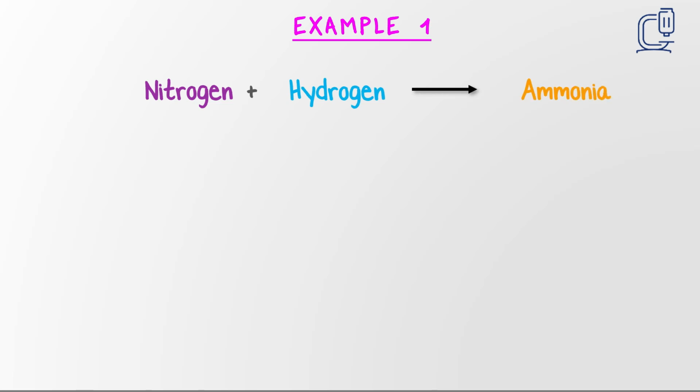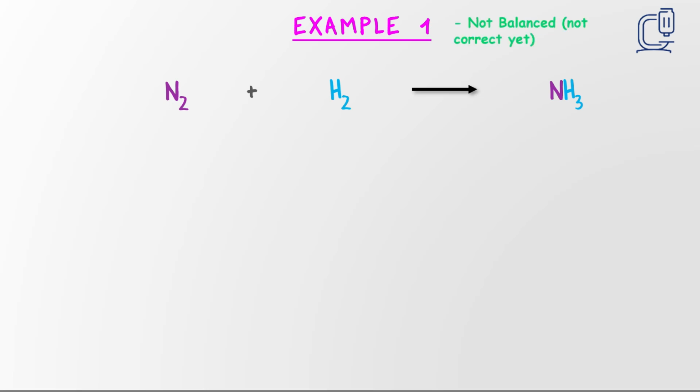Let's take an example of nitrogen reacting with hydrogen, giving us ammonia. So this can be written as N2 plus H2 gives us NH3. The formulas are correct, however the numbers of some atoms do not match up, so the chemical equation is not balanced.